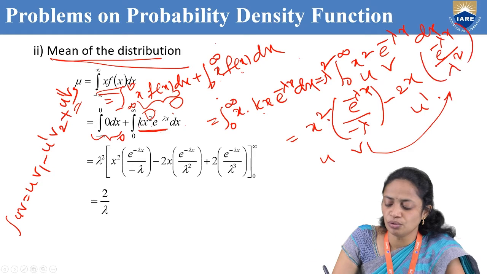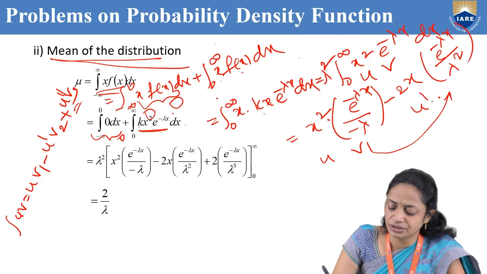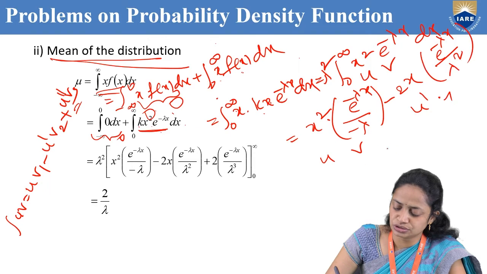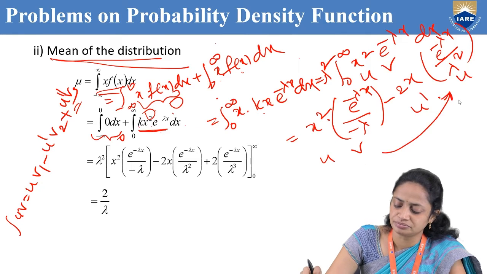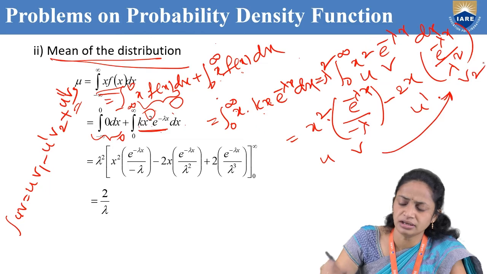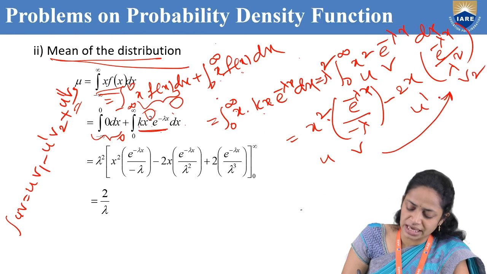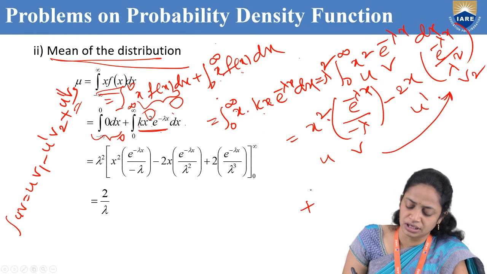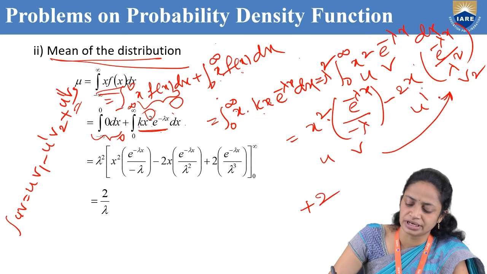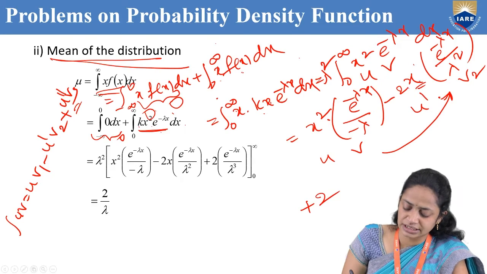So u dash v2 is the second integration. Plus u double dash v3. The differentiation of 2x is 2, and the differentiation of x is 1.